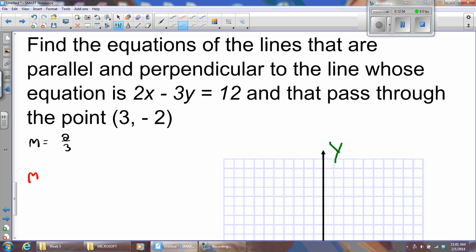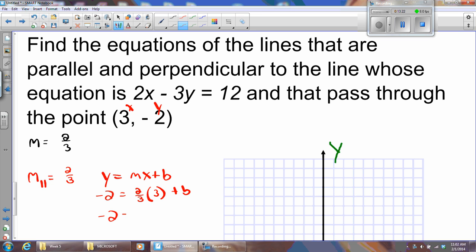So I know my slope parallel will be 2/3. I use y equals mx plus b. I'm given the point 3, negative 2. So I substitute negative 2 in for y, 2/3 in for m, and 3 in for x, and then solve for b.